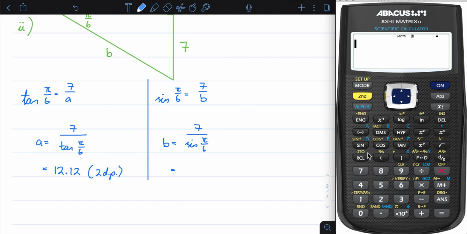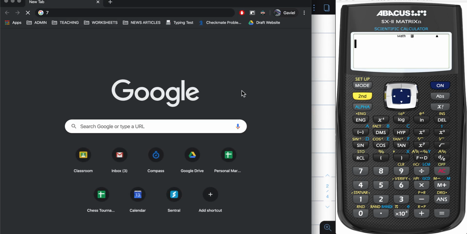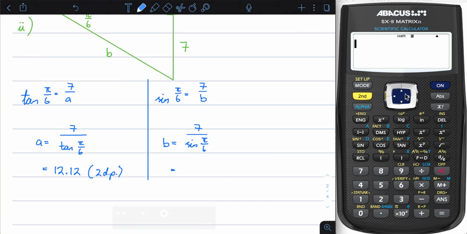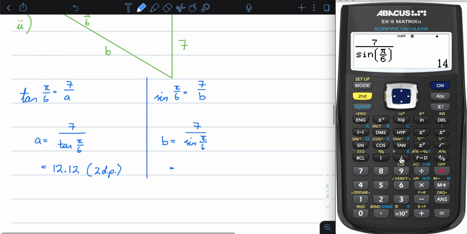Utilizing our calculator here, going to be 7 on sine pi on 6. Oh, and that's exactly equal to 14.